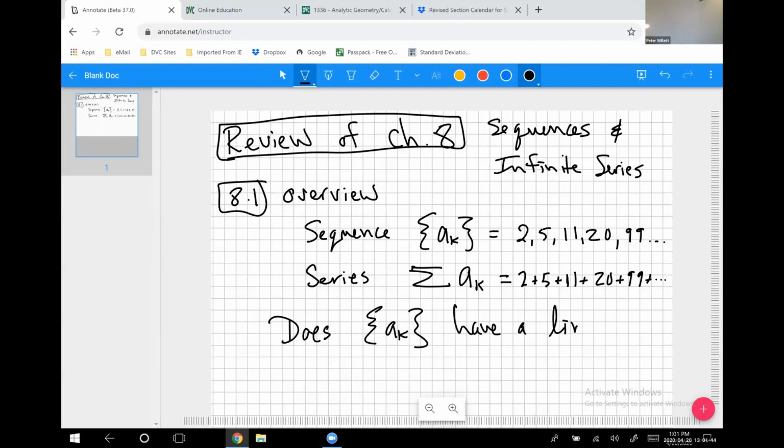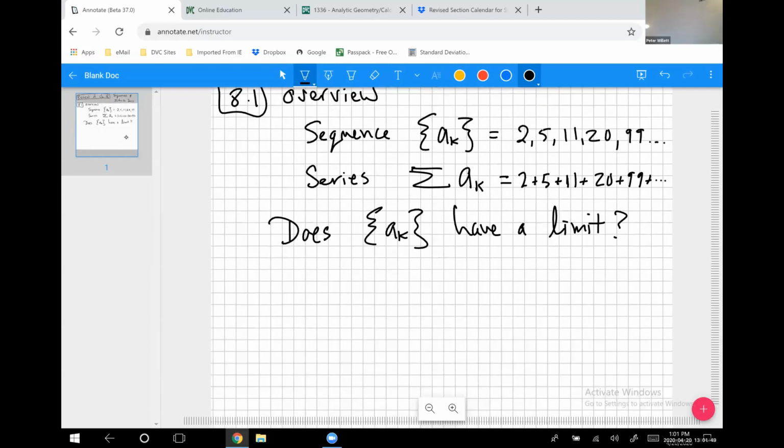So this ends up being an issue kind of like what we did in chapter 2, back in first semester calculus, of limits. And it basically means, does the value of the sequence as you keep going off toward infinity settle in on a number, just like a limit might?